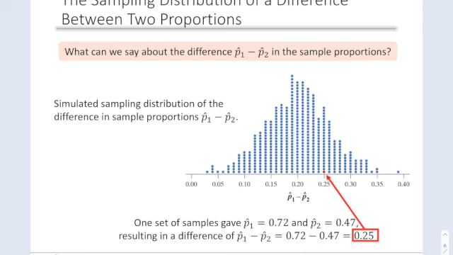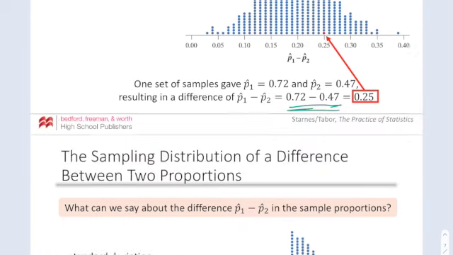Now let's look at the difference. Here is a simulation of a sampling distribution of the difference between the sample proportions of those schools. One set of samples gives p hat 1 is 0.72 and p hat 2 is 0.47. The resulting difference is 0.25, which is exactly the difference of these two values.